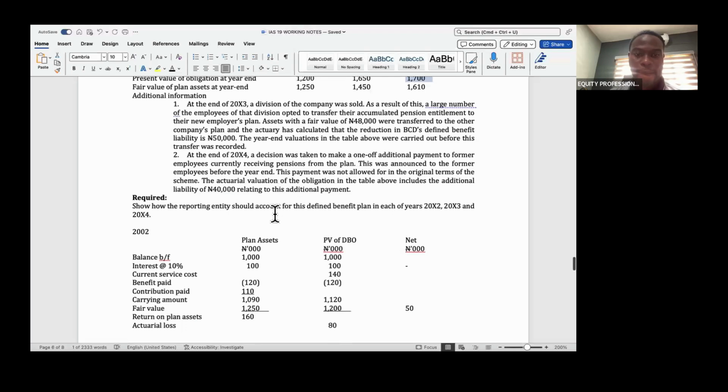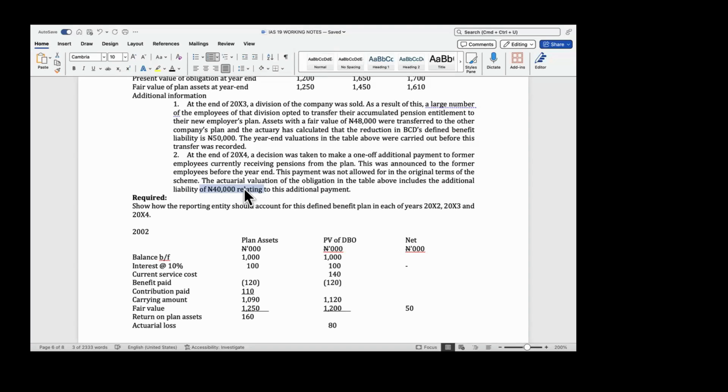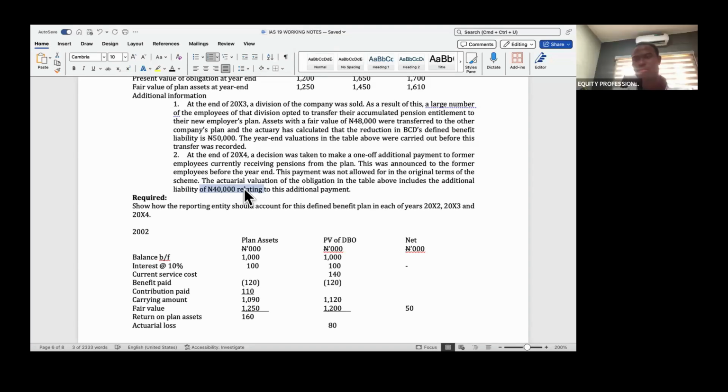So what's this talking about? What's this 40,000? Can anybody help? Looks like there is an amendment? That's absolutely correct. It is an amendment.